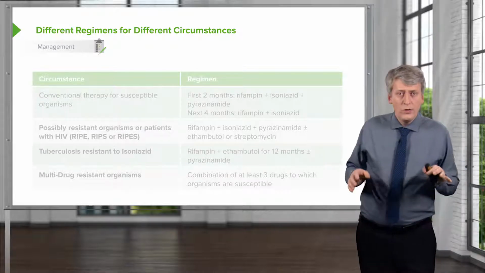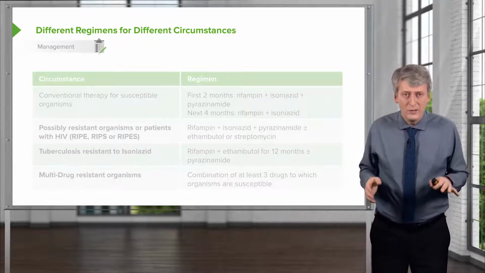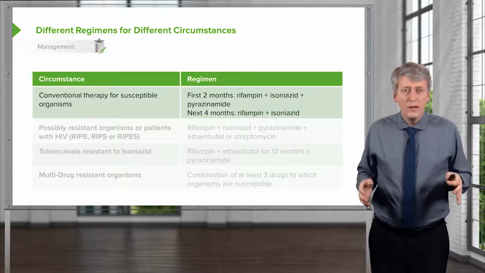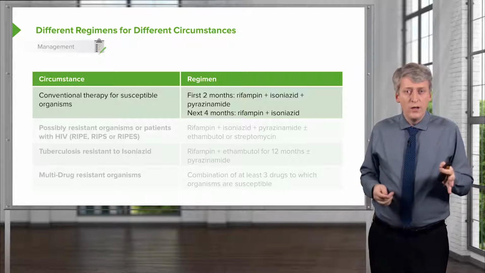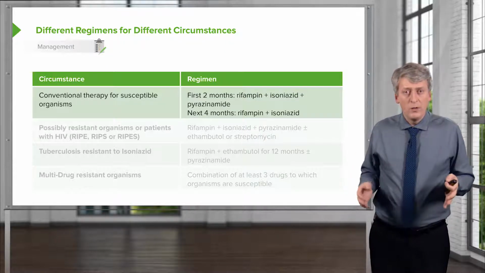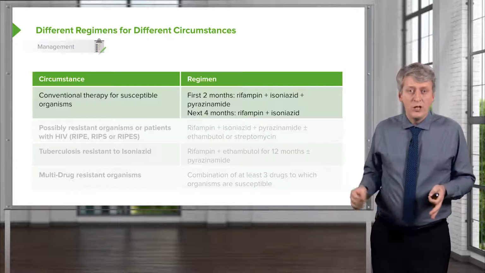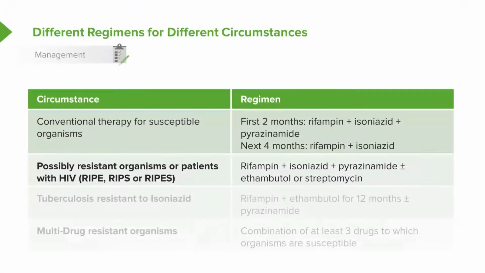Let's go through the issue about how you would choose a regimen and under what circumstances. So if you had conventional therapy for susceptible organisms, typically we're going to do for the first 2 months a multi-drug regimen of rifampin, isoniazid, and pyrazinamide, and then 4 months of just rifampin and isoniazid, and usually that'll do the trick.